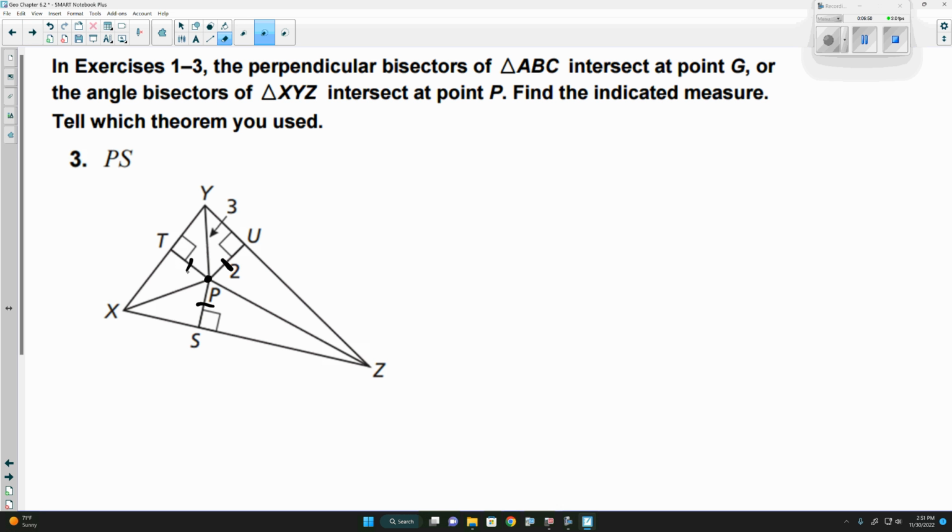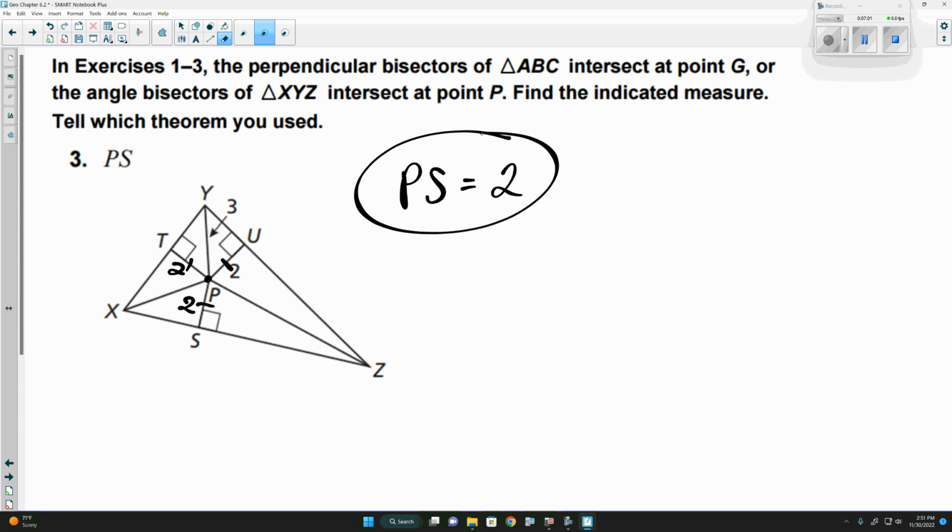So since UP is 2, PS is 2, and TP would be 2. So here we can say that PS is 2. Distance from the point to the sides is the same.